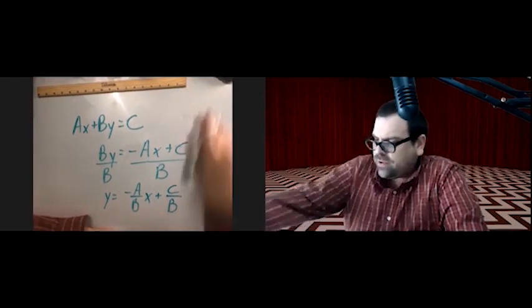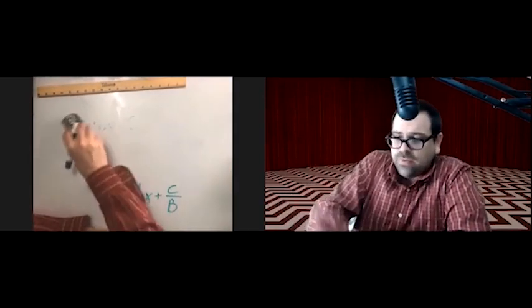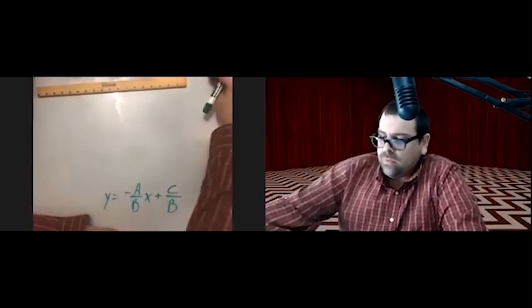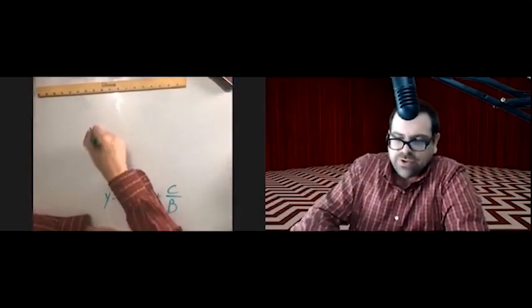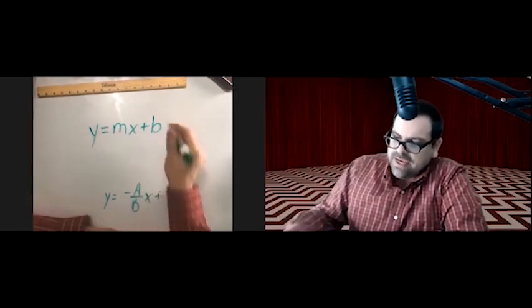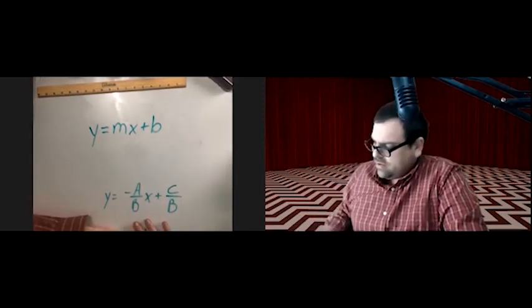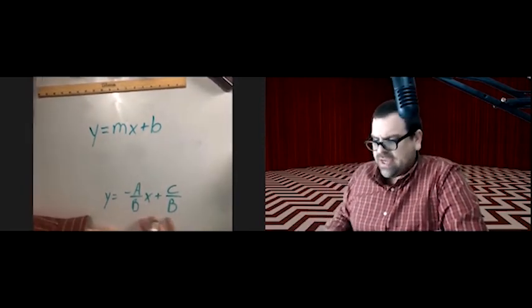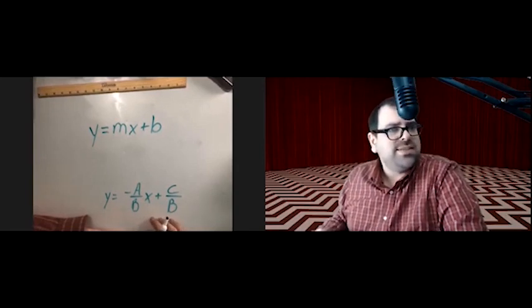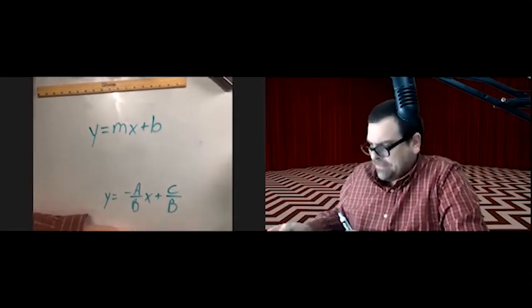This same form, we actually give different letters to. Y equals mx plus b. And for this b, we use a lowercase, not a capital. The b in ax plus by equals c, that's a capital B. Here we use a lowercase b.